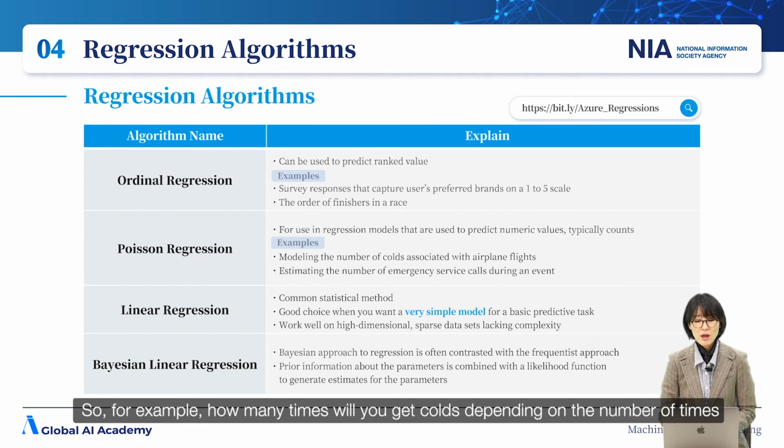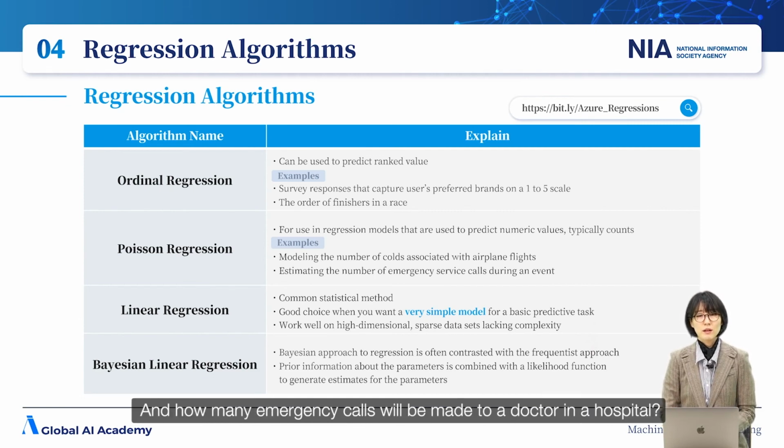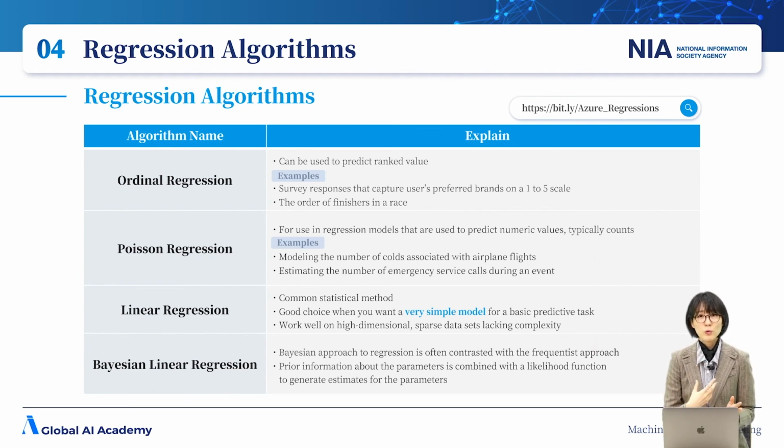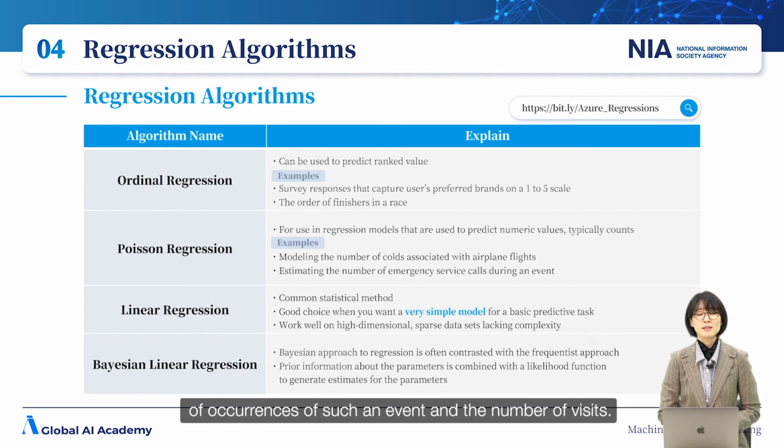So, for example, how many times will you get colds depending on the number of times you boarded the plane and the region? And how many emergency calls will be made to a doctor in a hospital? Poisson regression is used when you want to understand the number of occurrences of such an event and the number of visits.